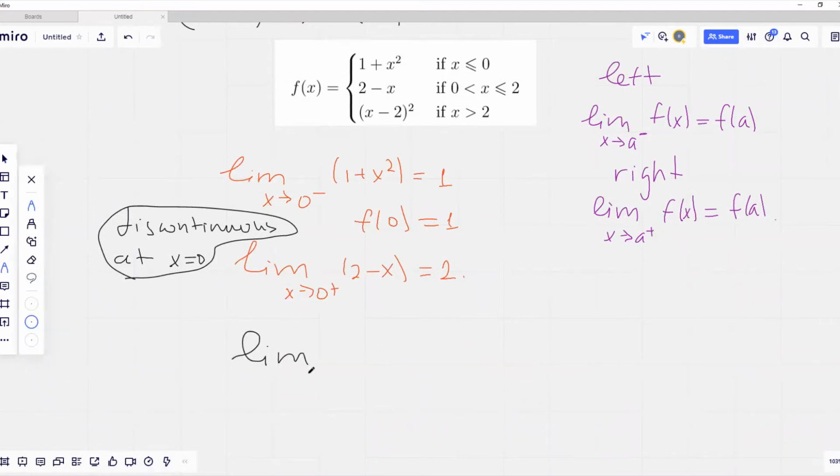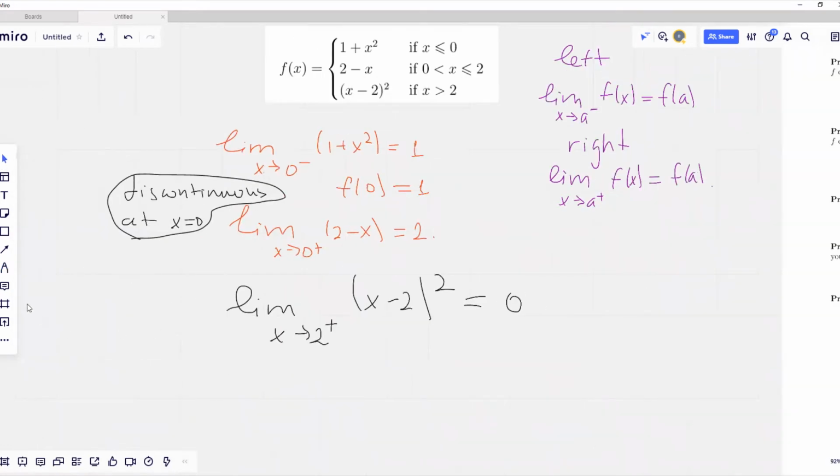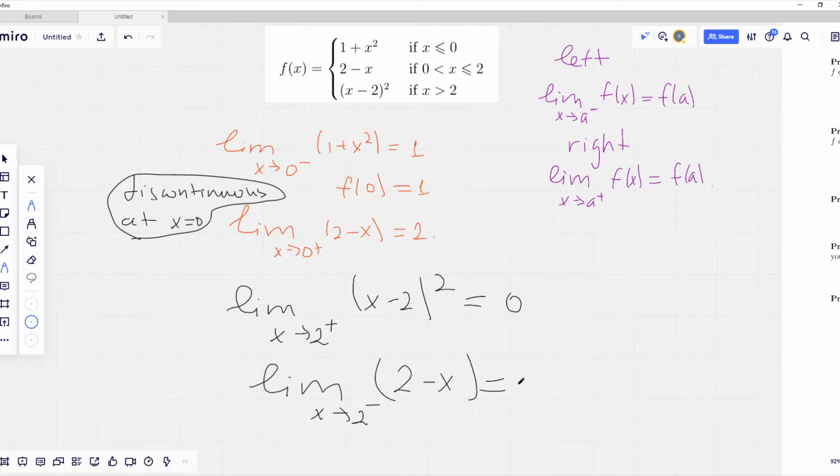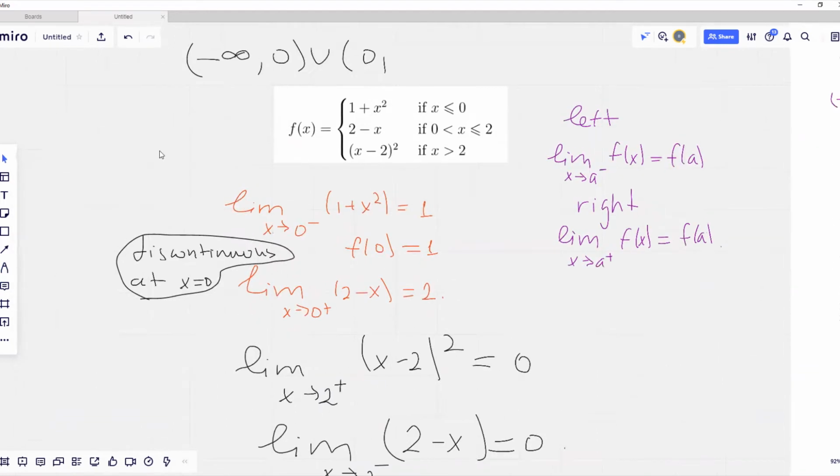Limit as we approach 2 from the right side is equal to (x minus 2) squared, and that is equal to 0. Limit as we approach x to 2 from the left side is equal to this limit here, and is also equal to 0, meaning that our function is continuous at point 2.